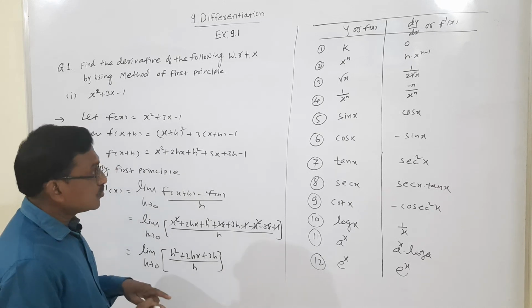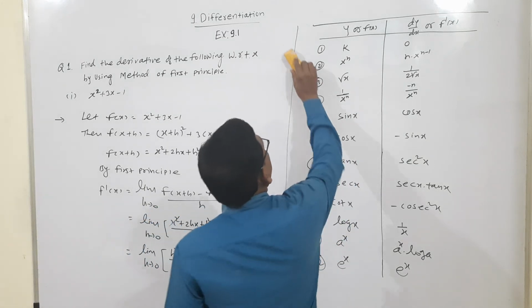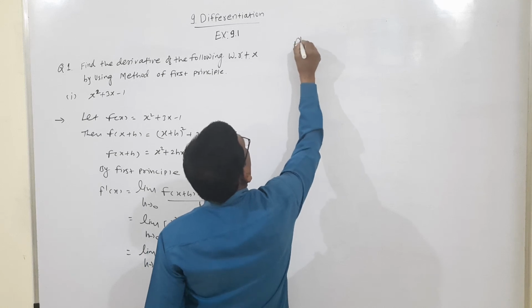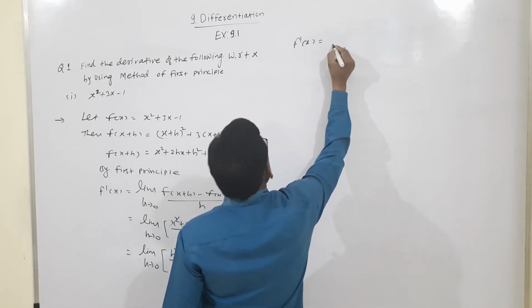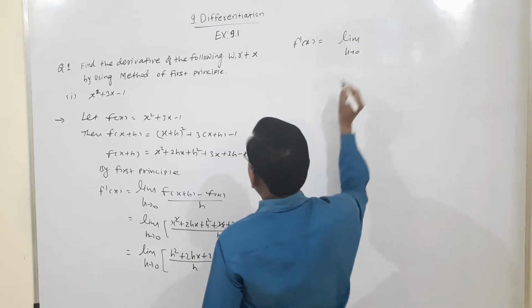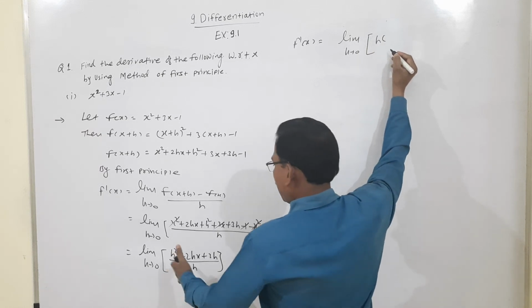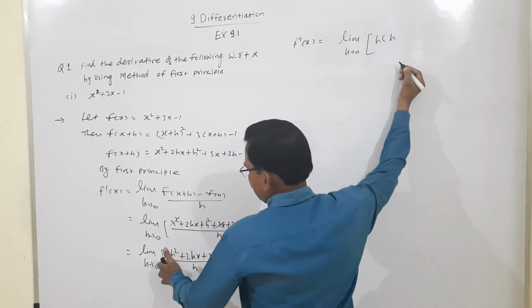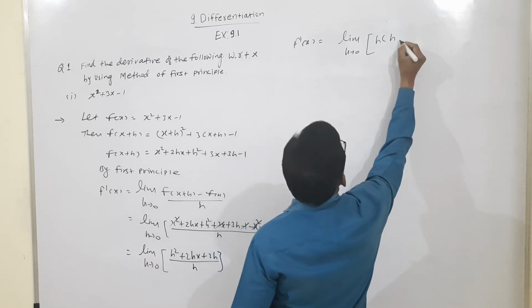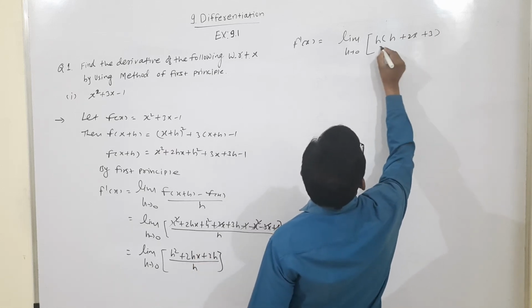So f dash x equal to limit as h tends to 0; we take common h from the numerator, h in bracket h plus 2x plus 3, divided by h.